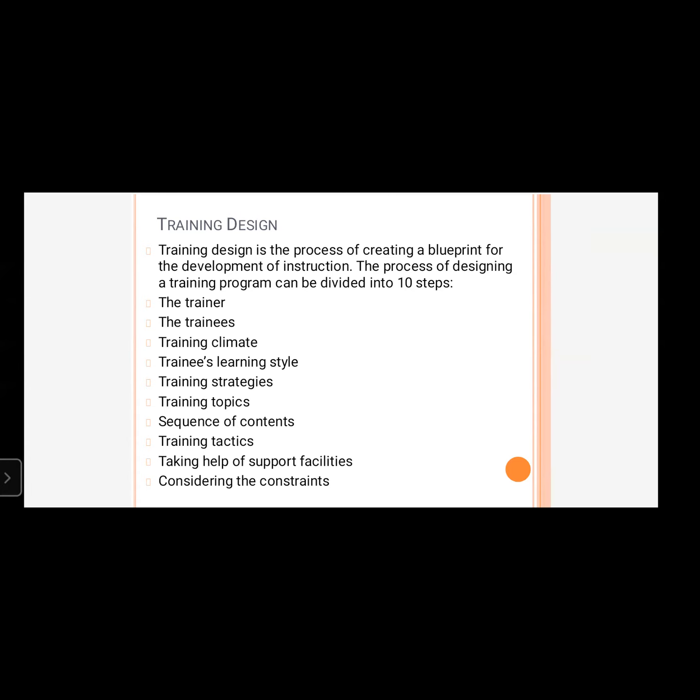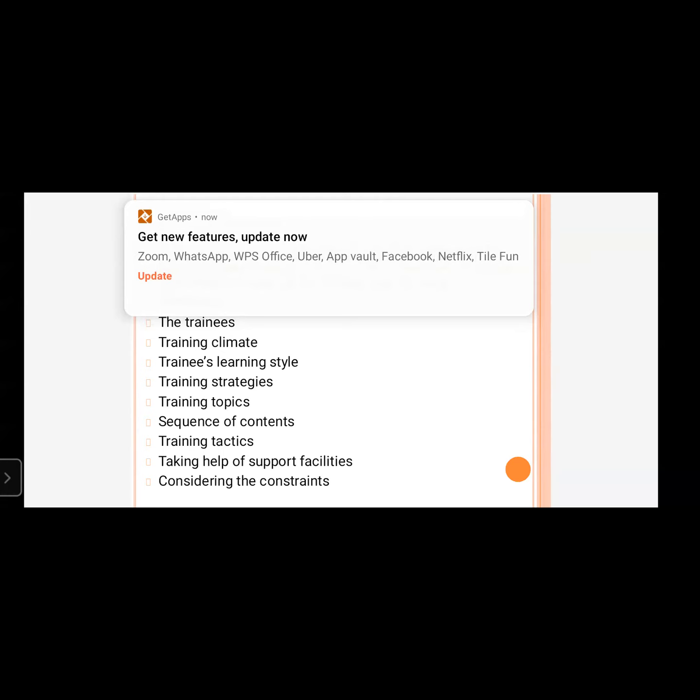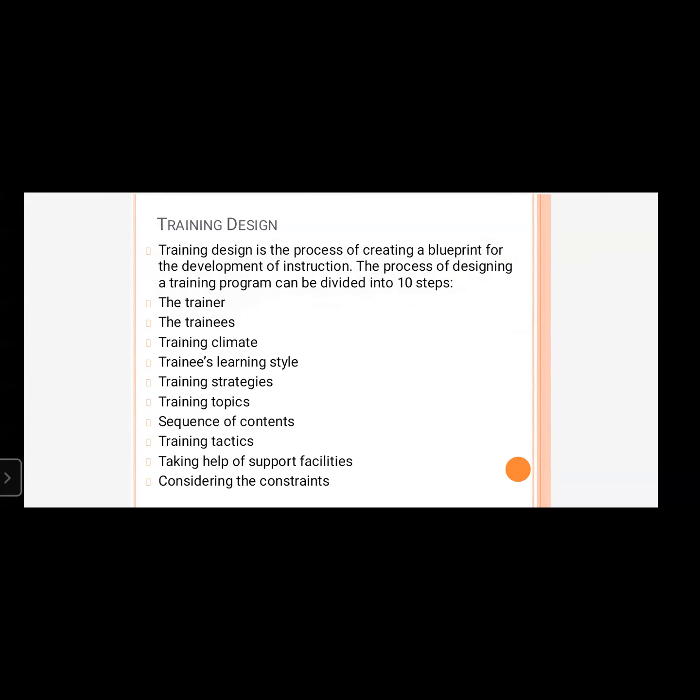Next one, taking help of support facilities, that we had discussed during our last lectures when we talked about the tools and equipments for training method. So that is included here. Taking help of support facilities. Support facilities are nothing but tools and equipments to be used for training programs.